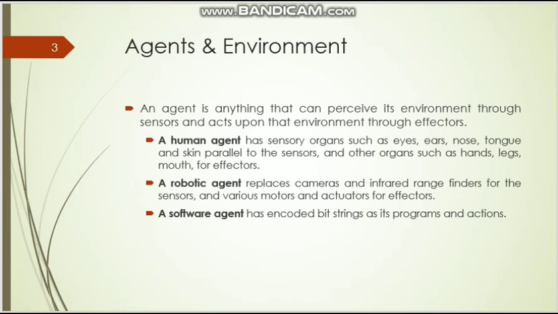So the first time the knowledge is not in the baby's mind, but from the second time onwards the knowledge is embedded in their mind. In the same way the agent and environment work.